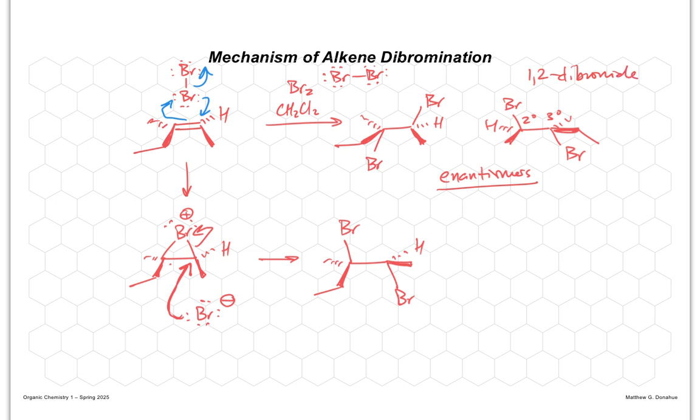Another way of saying that in organic chemistry terms is the word vicinal. So vicinal means 1,2. Any questions?